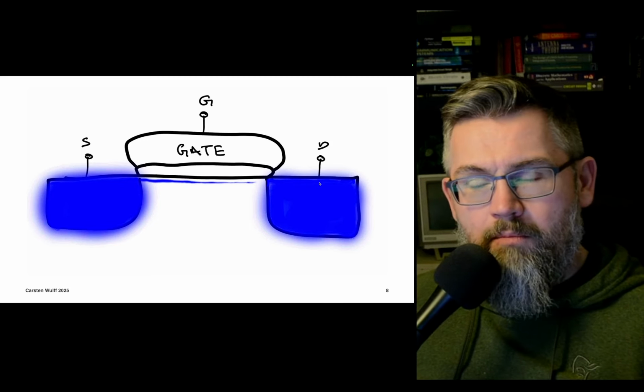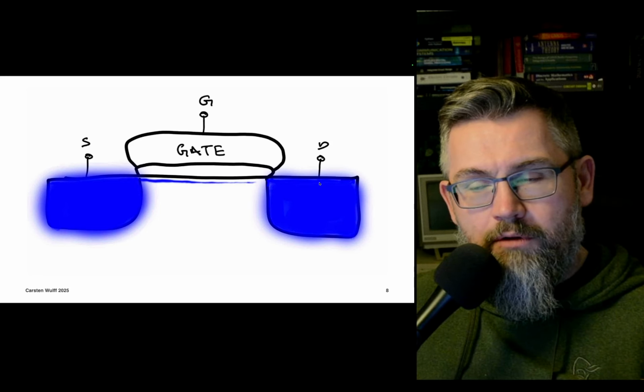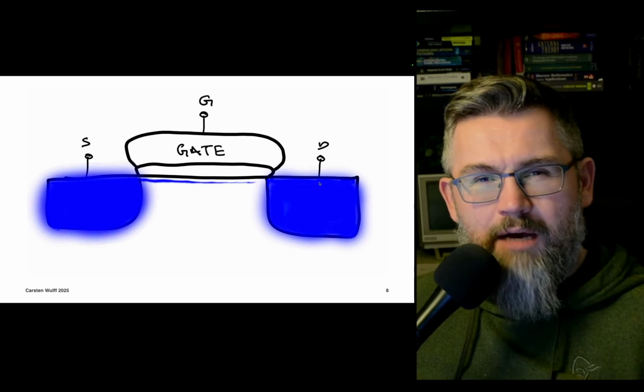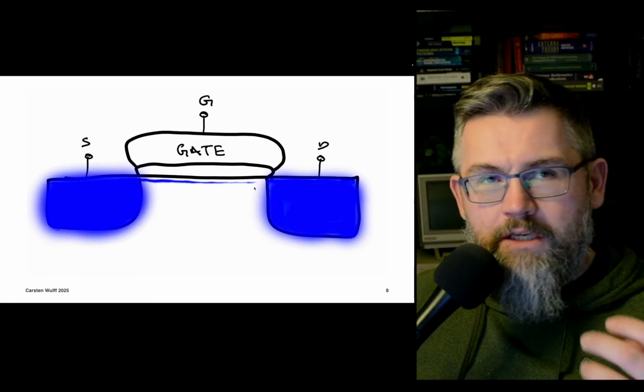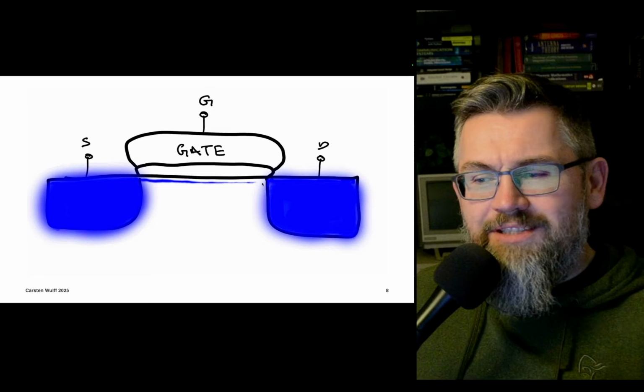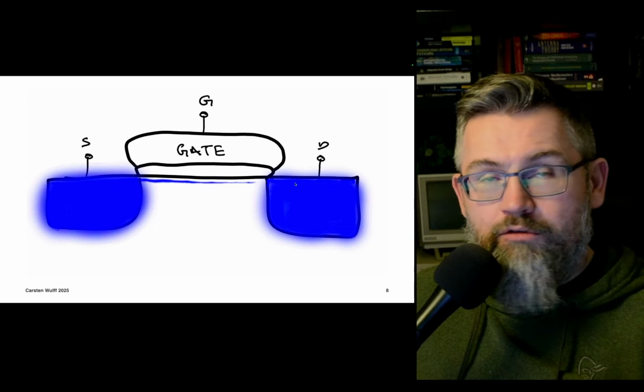But at some voltage, if we continue to increase the drain source voltage, then the current doesn't change that much. Because it turns out that this sheet of electrons sort of disconnects from the drain at a certain drain source voltage.